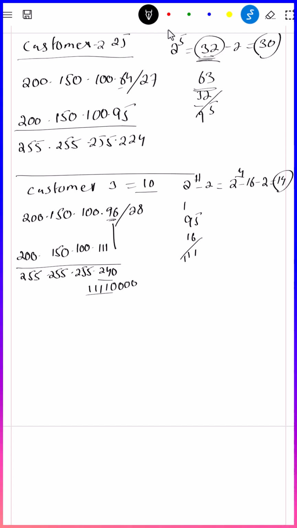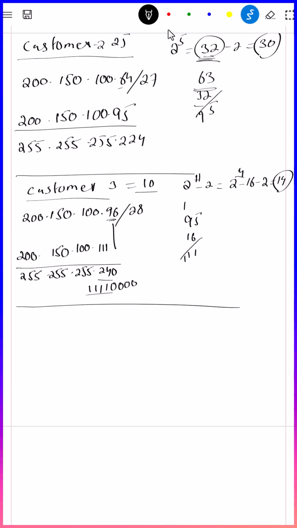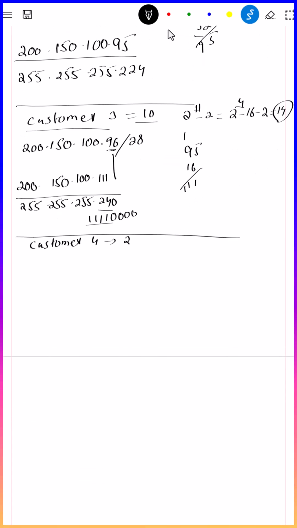This is for customer 3. Sorry. Let's go for customer 4. The requirement was how much? The requirement was 2. So how many bits will I borrow to give me a minimum of 2 addresses?